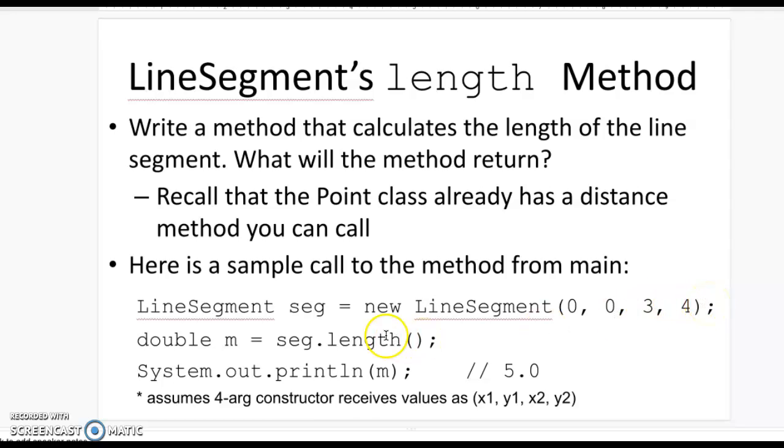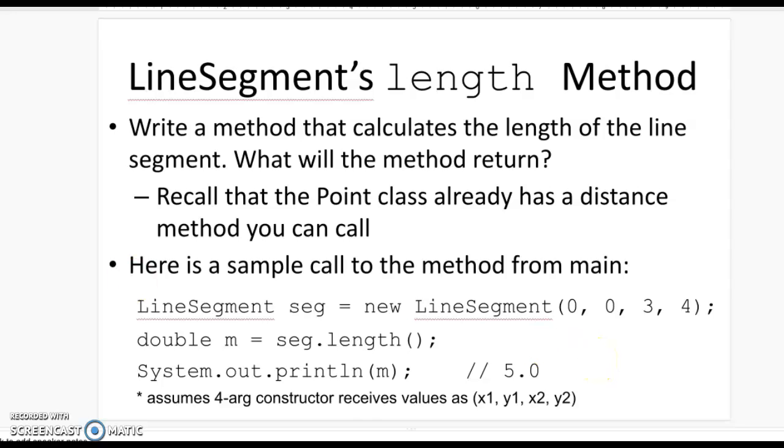Then if you call the length method with that object called seg, it should return a double. If you stored that in a variable m and printed m out, you should get 5.0, because it ends up being a 3-4-5 triangle.